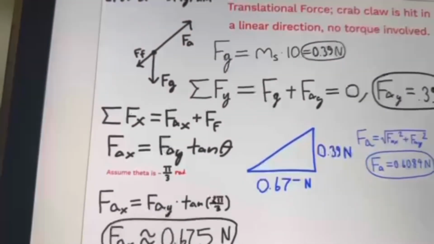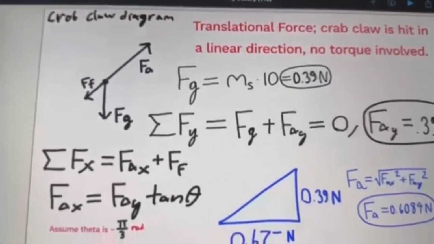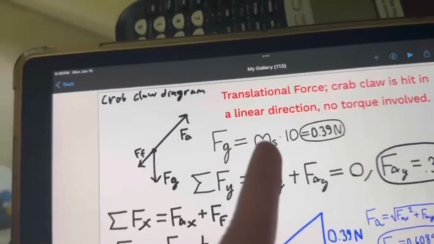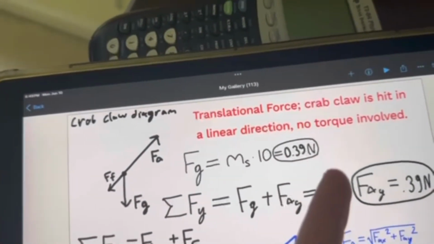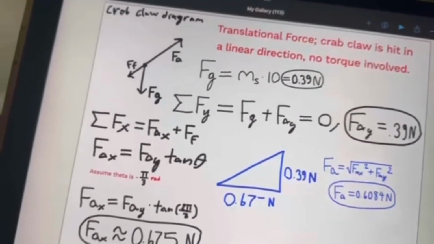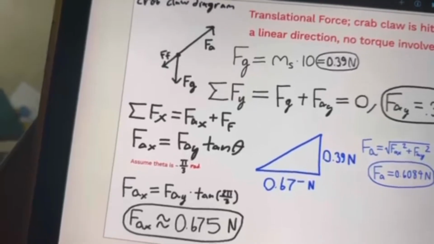First things first, I was able to discern that the force of gravity for the mantis shrimp, and I used the mass of the entire shrimp for this one, is equal to 0.39 newtons. I used the mass of the entire shrimp because I assumed that the same amount of gravity would be applied to all parts of its body.